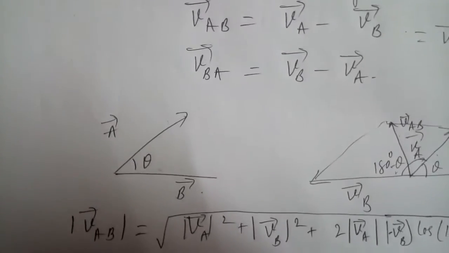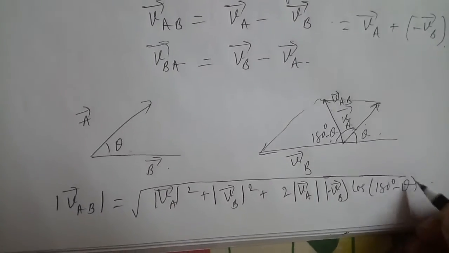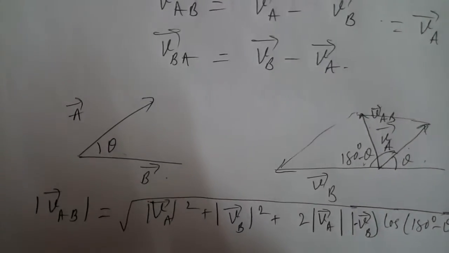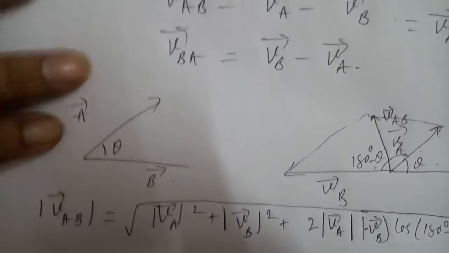As you can see here, we have the angle 180 degrees minus theta, and cos of 180 degrees minus theta is minus cos theta. So we can write the equation. Let's see what we get here.